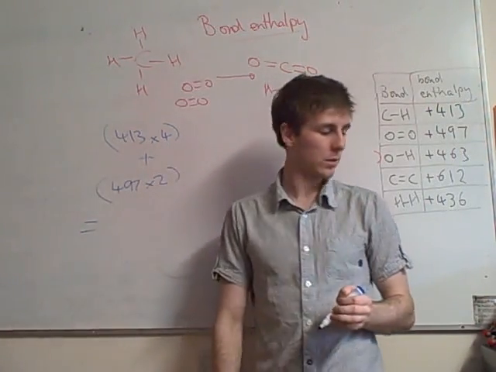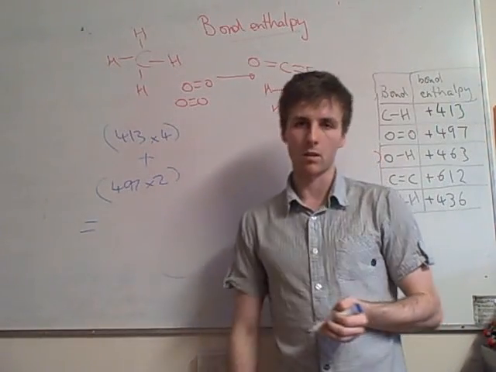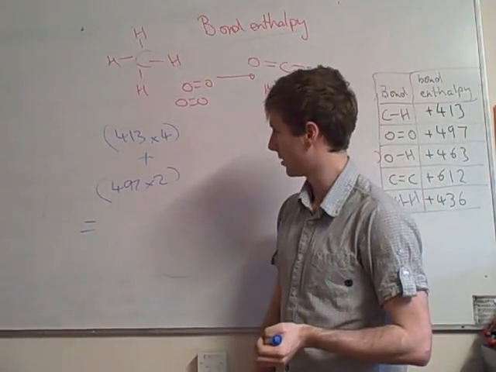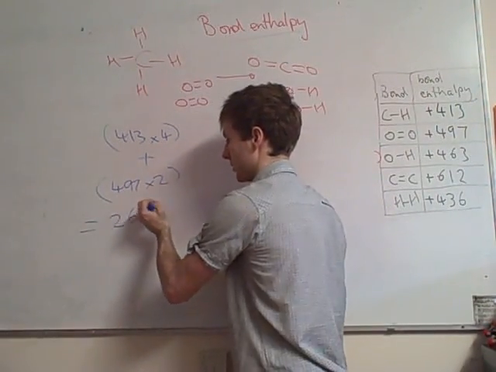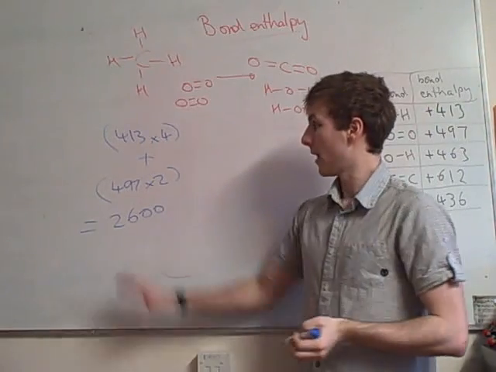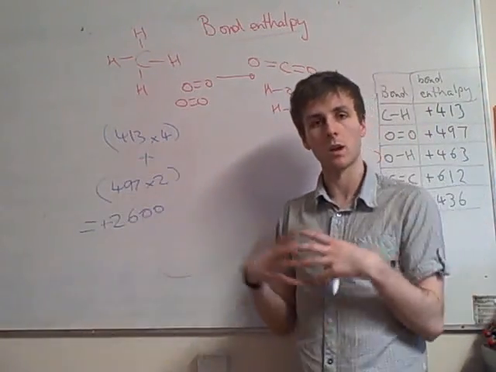So if I add all that up, I'll get an answer. I haven't actually got a calculator on me. Let's just say it comes to 2,600-ish. That is how much energy it takes to break all my bonds. So that's what they suck up.